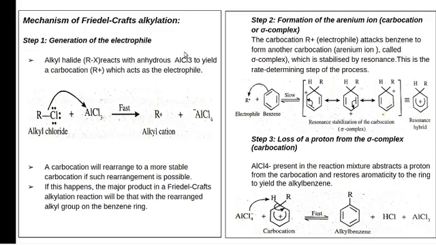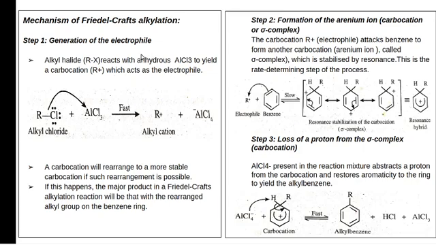Now let us discuss the mechanism of Friedel-Crafts alkylation. It involves mainly three steps. First step is the generation of the electrophile. Second step is the formation of the arenium ion. Third step is loss of a proton from the sigma complex. The first step, generation of the electrophile, involves the alkyl halide reacting with anhydrous AlCl3 to yield a carbocation which acts as the electrophile.